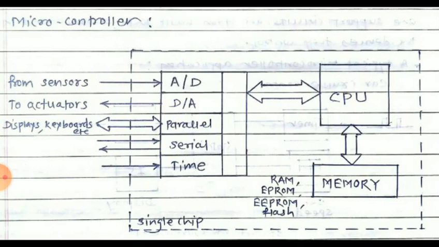So you can see the block diagram of a microcontroller. All the elements are placed on a single chip. You can see there is a memory, there is a CPU, then interfacing elements, that is A to D and D to A converters, parallel, serial, timer, and the different input output ports, then the RAM and ROM, placed on a single chip.